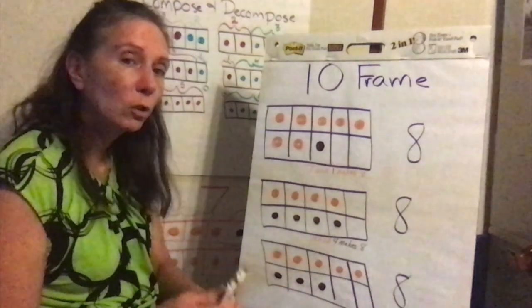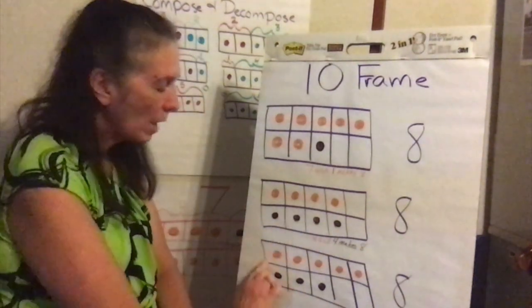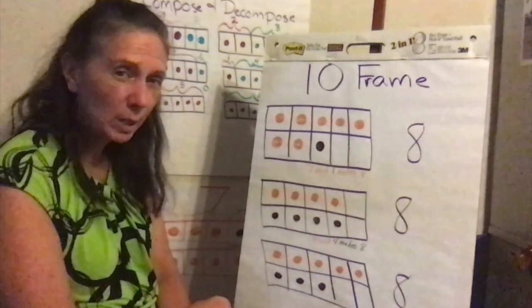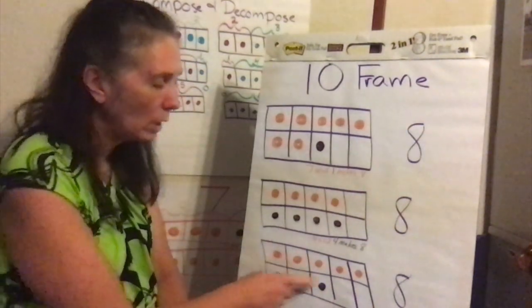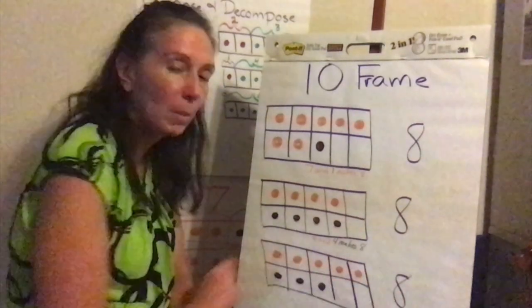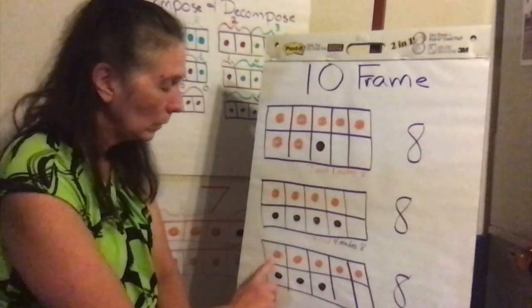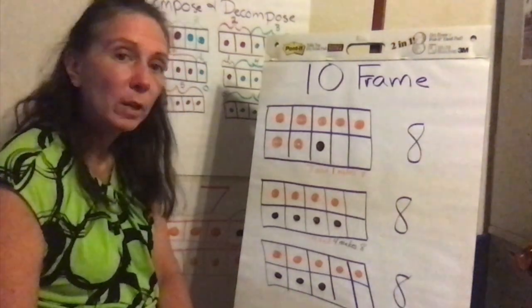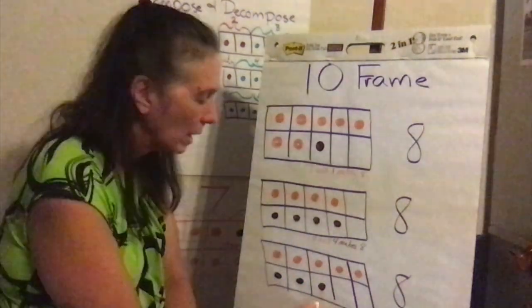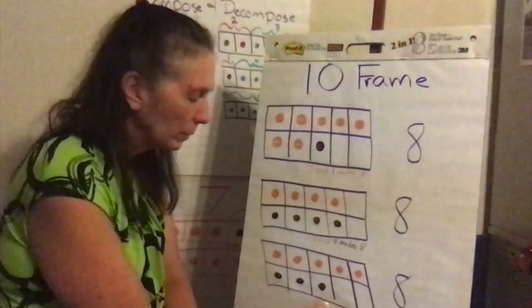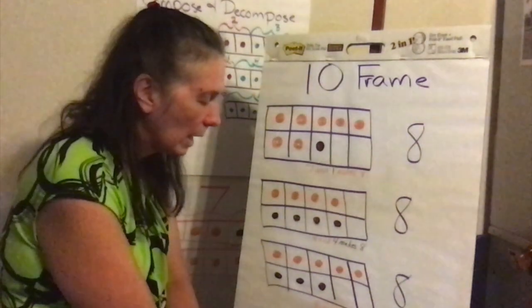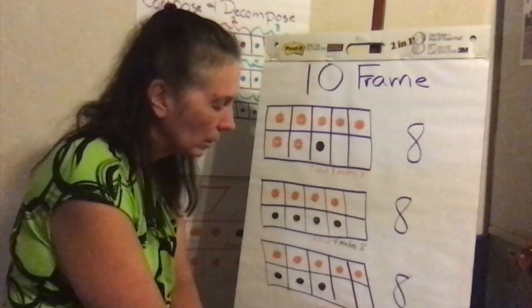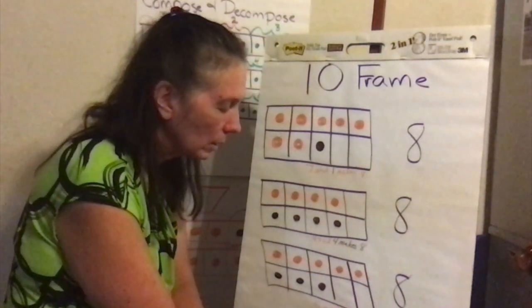So now I've used my 2 colors. I've organized them nice and neat all together in a group so I can subitize it very quickly to see what 2 numbers I can compose to make the number 8. I have 5 orange and 3 brown. So then I would write below it, I would say there are 5 and 3 makes 8.